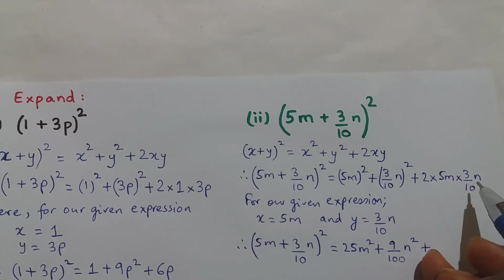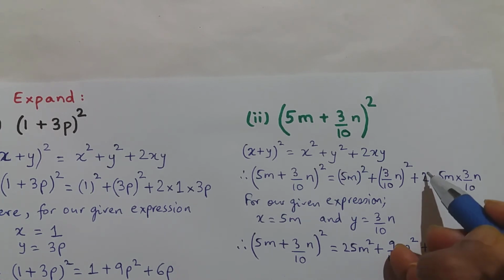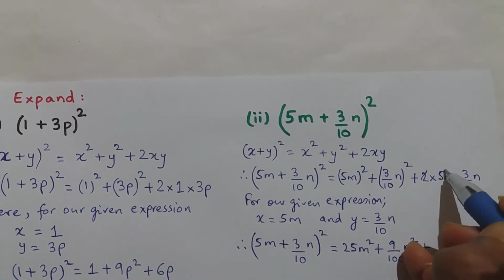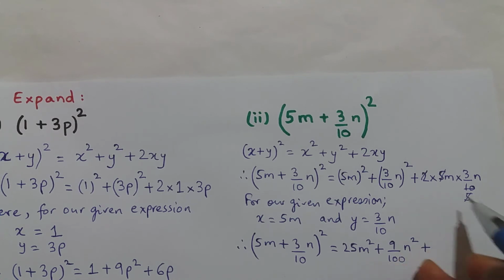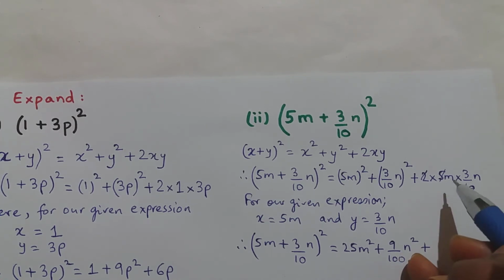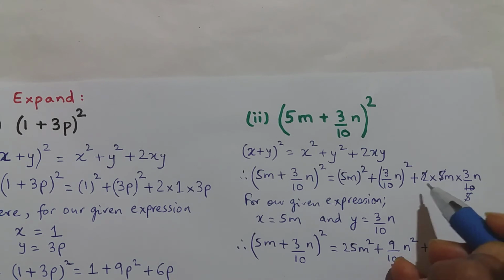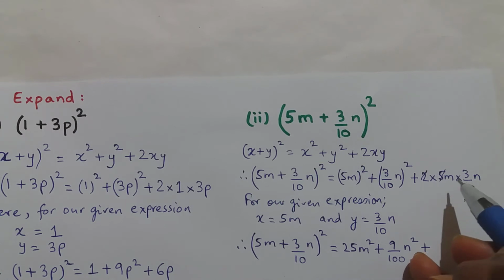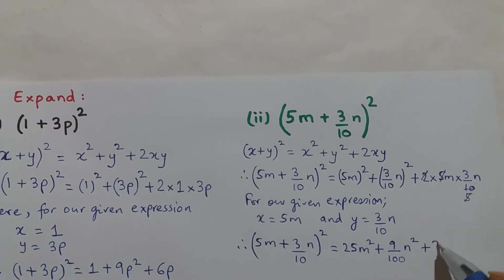If we simplify this, 2 ones are 2, 2 fives are 10, and 5 ones are 5, so they cancel off. So we are left with 3mn. So 2 into 5m into 3 by 10 n simplifies to 3mn.